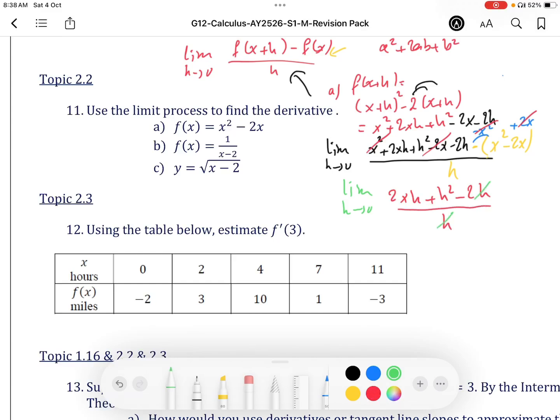Simplify h with power of 2 and h. The remaining is 2x plus h minus 2. Finally, replace h by 0. So this is going to be 2x minus 2.